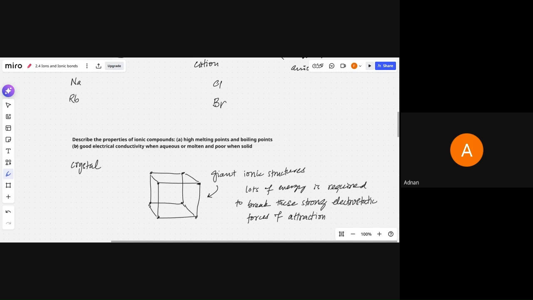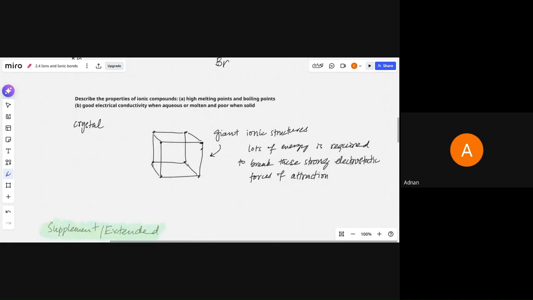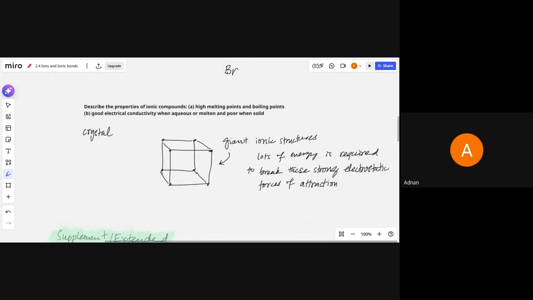Okay, so good electrical conductivity when aqueous or molten. We need to understand why anything conducts electricity, right? Anything will conduct electricity if that substance has free moving electrons or ions.